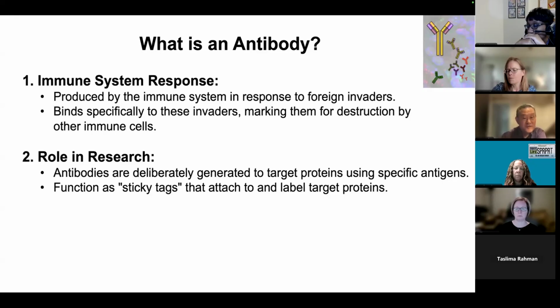And we can purify and isolate the antibody from the animal, and use this artificial antibody in research. This antibody can function like a sticky tag that will attack and label a target protein, instead of targeting a virus. In our case, we just target a protein.